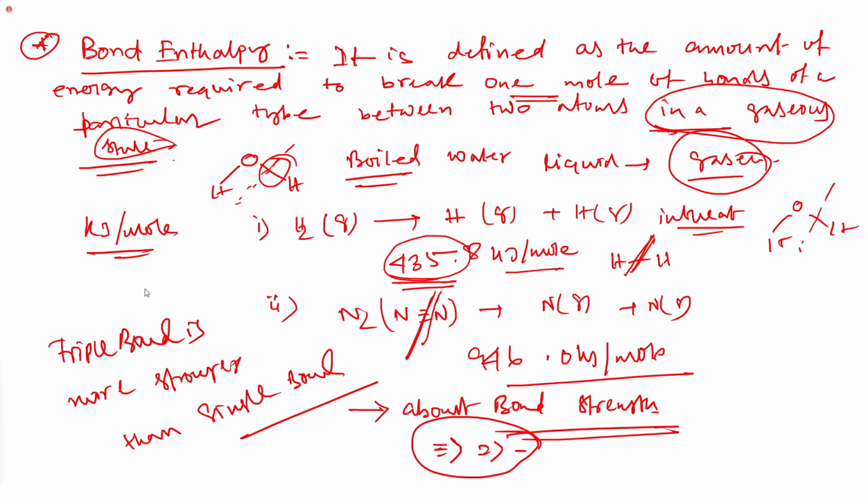So this is the order of bond strength. The point is that in the gaseous state, the amount of energy needed to break the bond is called bond enthalpy, and from the bond enthalpy value you can know which bond is the strongest.